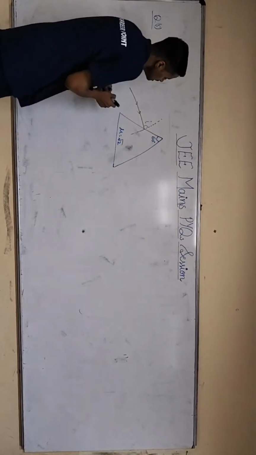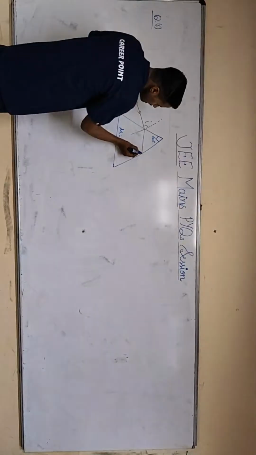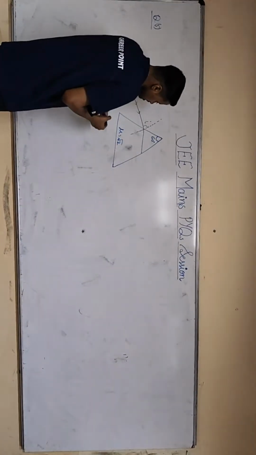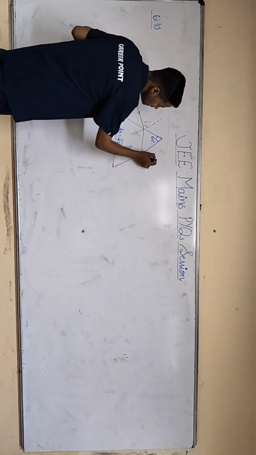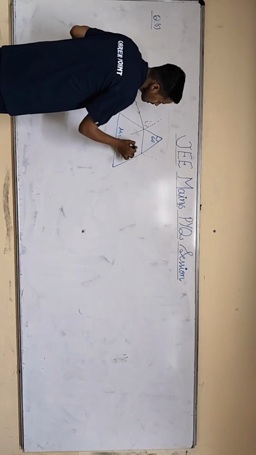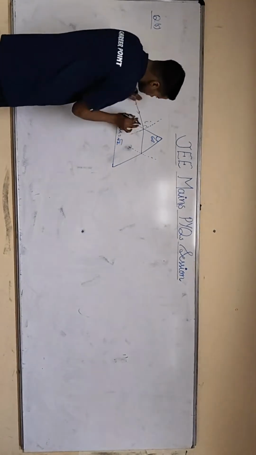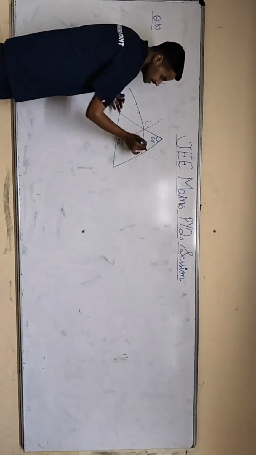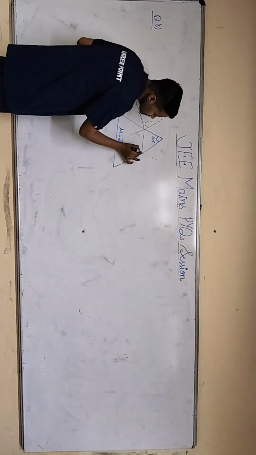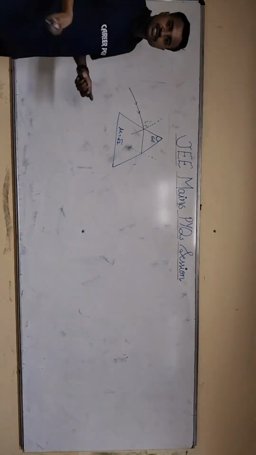This is the normal, and it bends like that. Whenever a ray goes from a denser medium to a rarer medium, it always bends away from the normal. This is the basic concept of refraction through a prism.